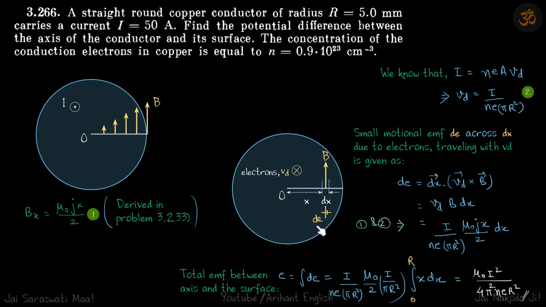Let's call it dE. This is the small EMF induced. So a small motional EMF dE across dx due to the electrons traveling with Vd is given as dx into V cross B. This is our standard equation for motional EMF. So this is the small EMF across the length dx.